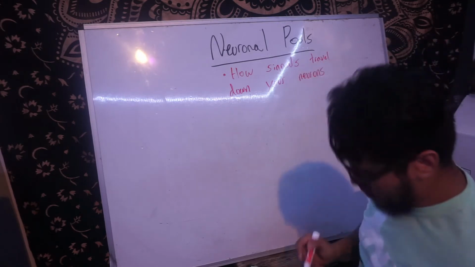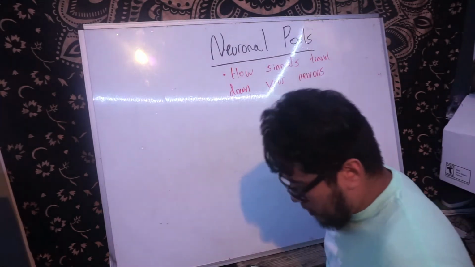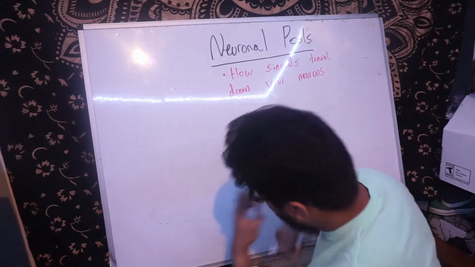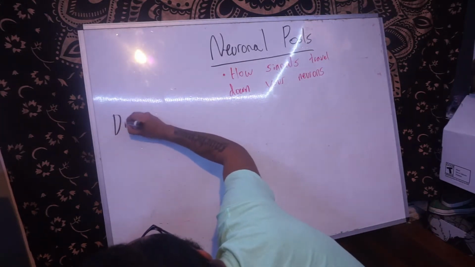And there are different ways they do it. So let's start with the most basic, a diverging one. And these are all called circuits, right?